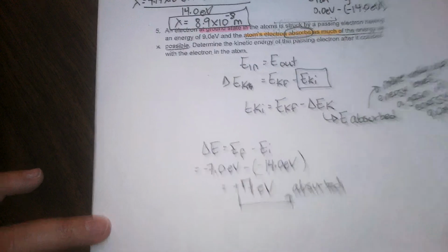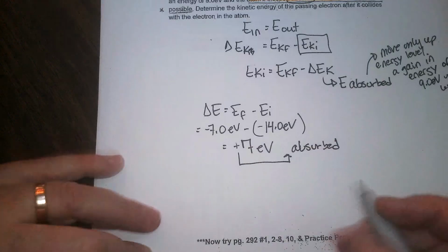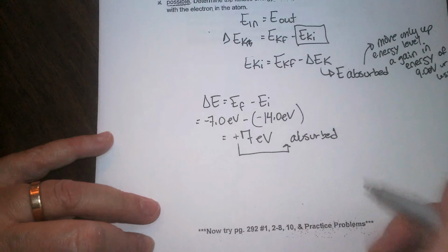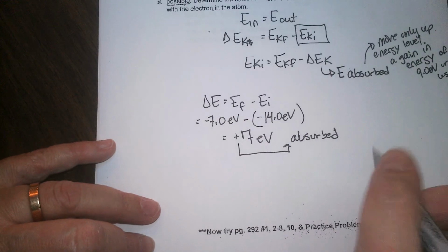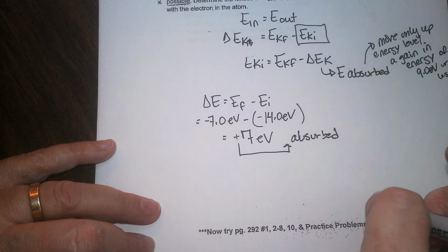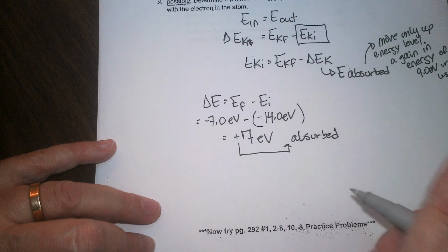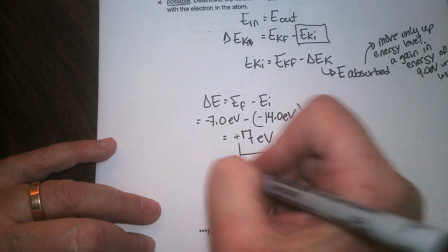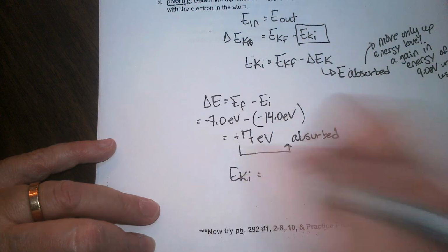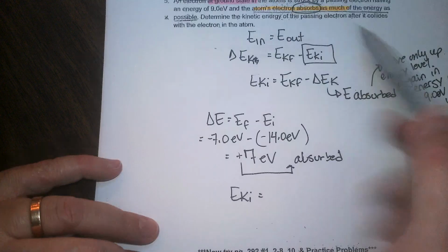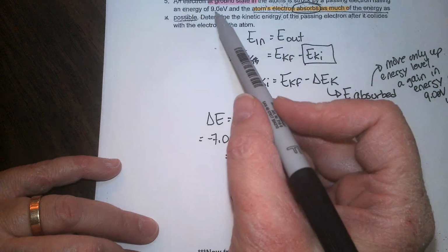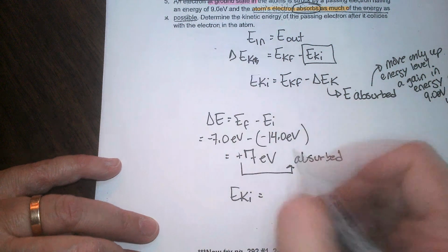Okay. All right. So then it asks for initial kinetic energy. So our final electron energy here is 9 electron volts.